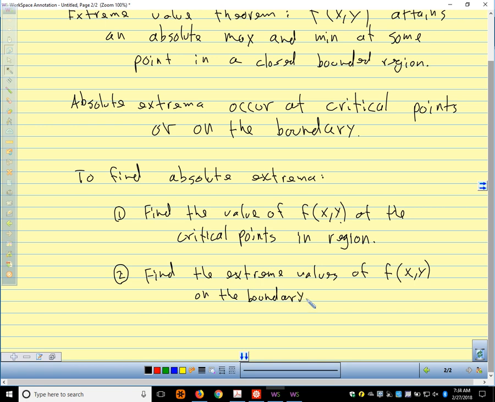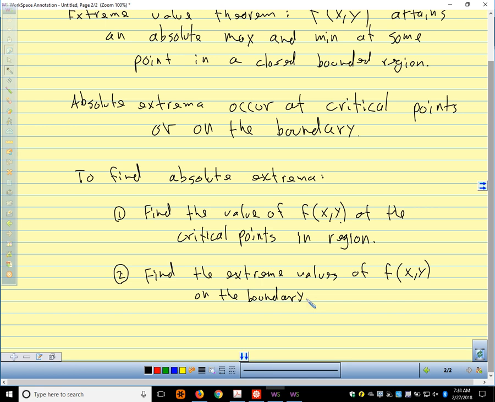And finding the extreme values of f on the boundary goes back to what we've done in Calculus 1. What we do on the boundary is we turn our function of two variables into a function of a single variable. We use the conditions on the boundary to eliminate one of the variables.